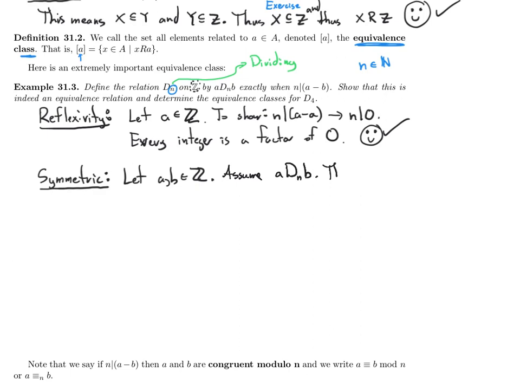So this means that n is a factor of a minus b, which means, of course, that I can write a minus b as n times c for some integer c. Remember, that's what it means to have a factor of n. Okay, and we need to show that n is a factor of b minus a. All right, pause the video now. Give this a go.